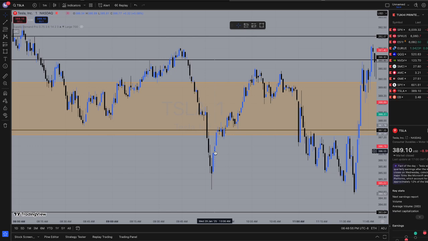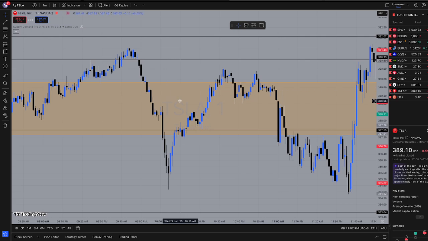Looks like they're not as active as they previously were on the second or third rejection. So that's that. You always want to look at how many rejections there were, and you want to look at how price is looking once it actually moves into our certain zones.